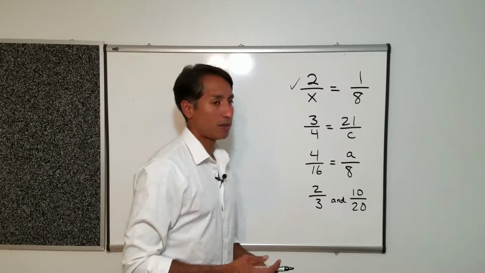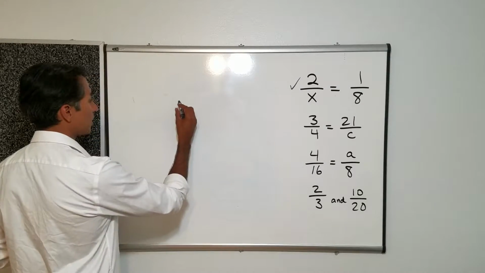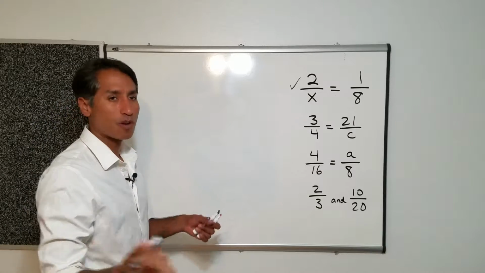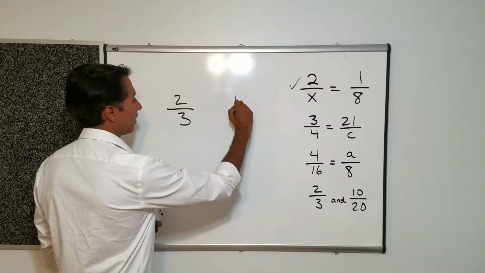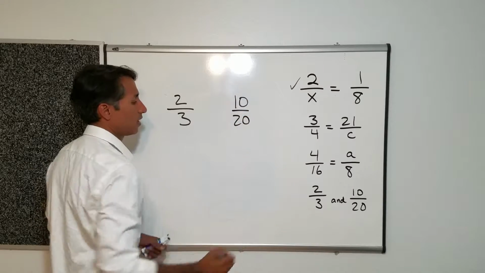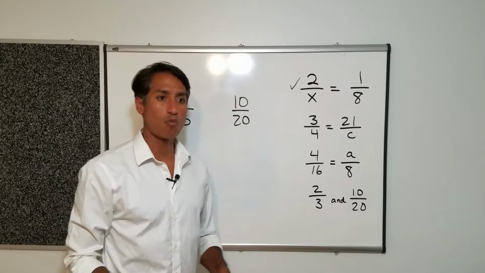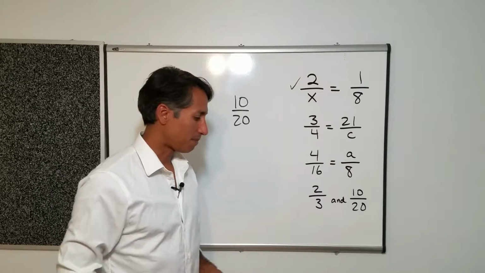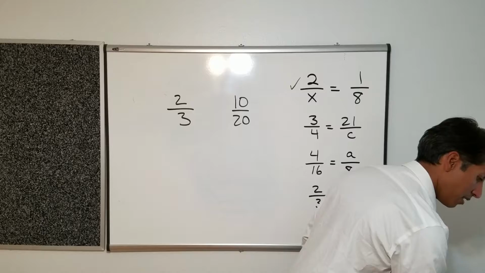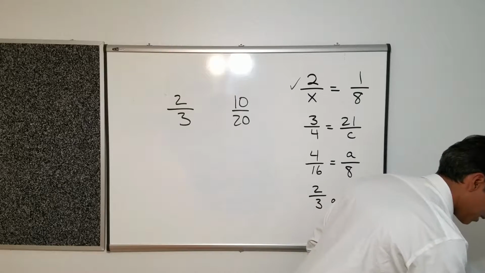So this one I wrote down just because it's a different way that they're worded sometimes in books: 2/3 and 10/20. And the question is to tell us whether this is a proportion of equality. What did this book call it? Every book kind of calls these things different.